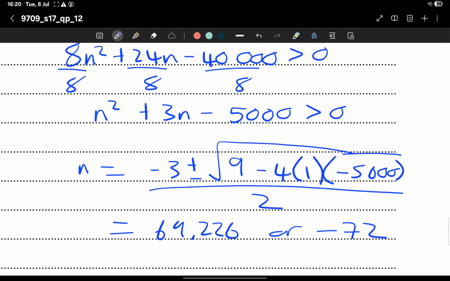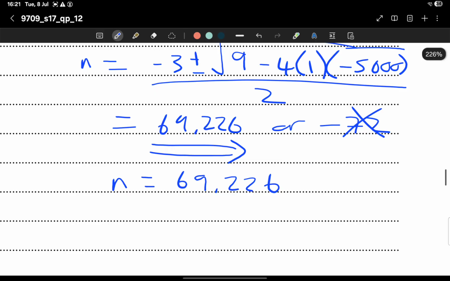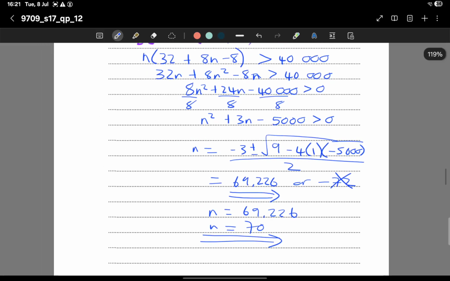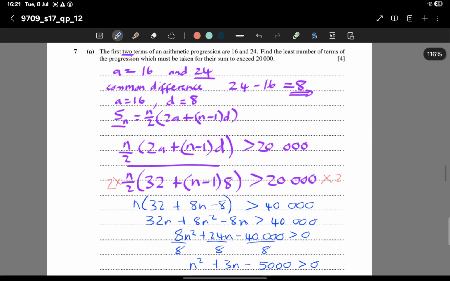And we know for a fact that our n cannot be negative, so we're taking n to be 69.226, and we can always round this to give us 70. So our n is 70 because we want a whole number. So that's it for part A, number 7.